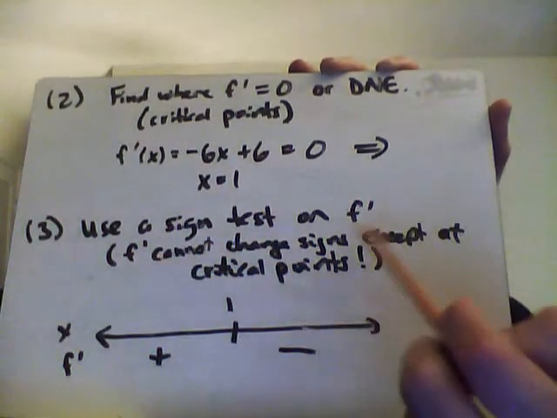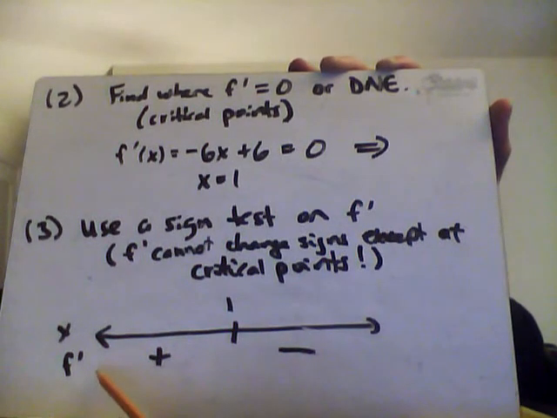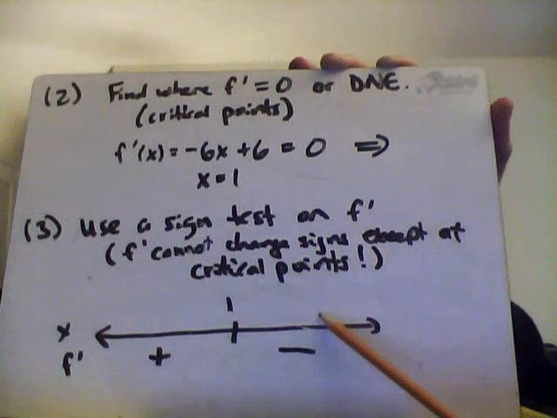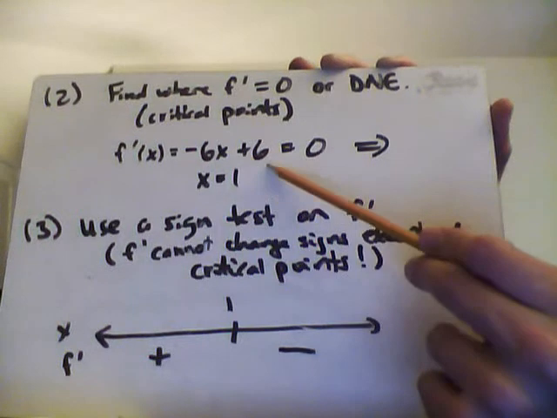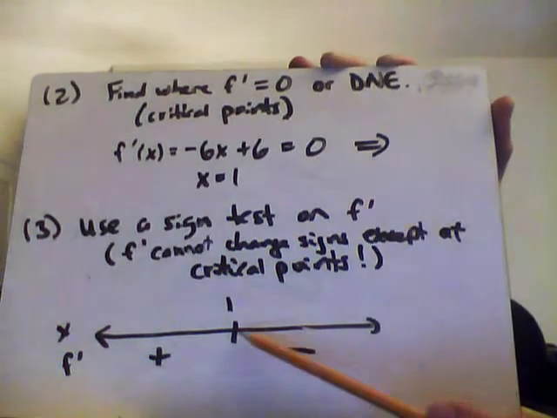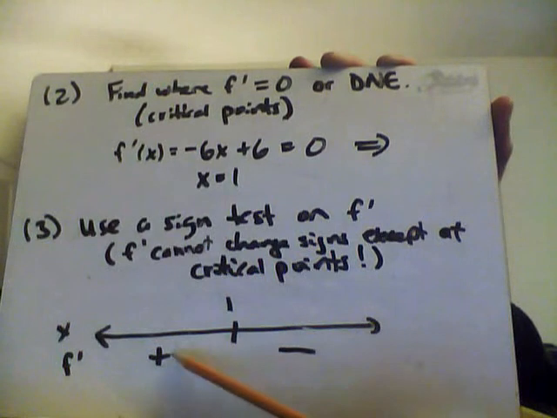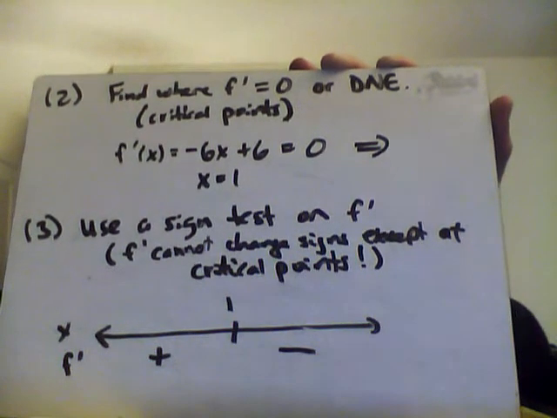And since f prime cannot change signs except at critical points, everything to the left of 1 must have a derivative that's positive. If we choose a number bigger than 1, for example 2, we're going to get negative 6 times 2 plus 6, which is negative 6. That's a negative number. So to the left of 1, our derivative is positive. To the right of 1, our derivative will be negative.